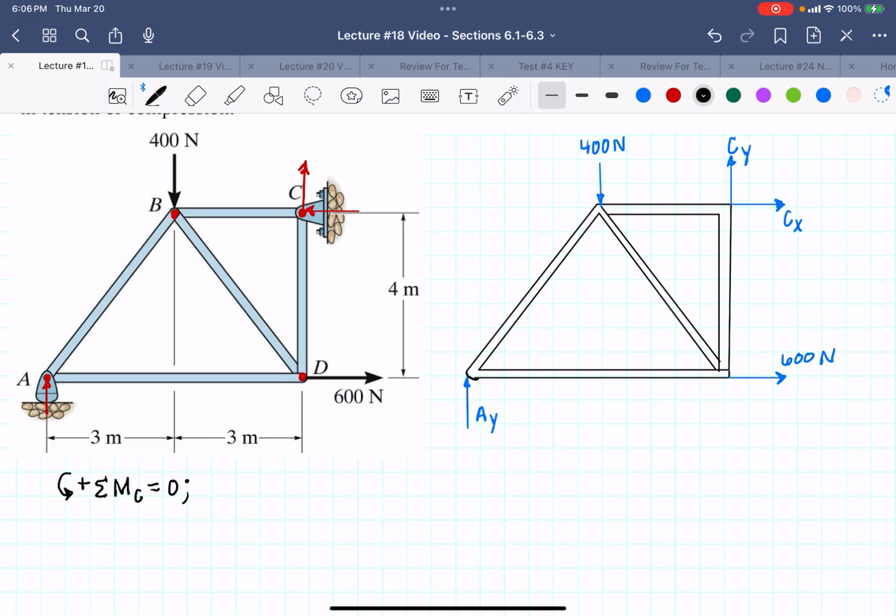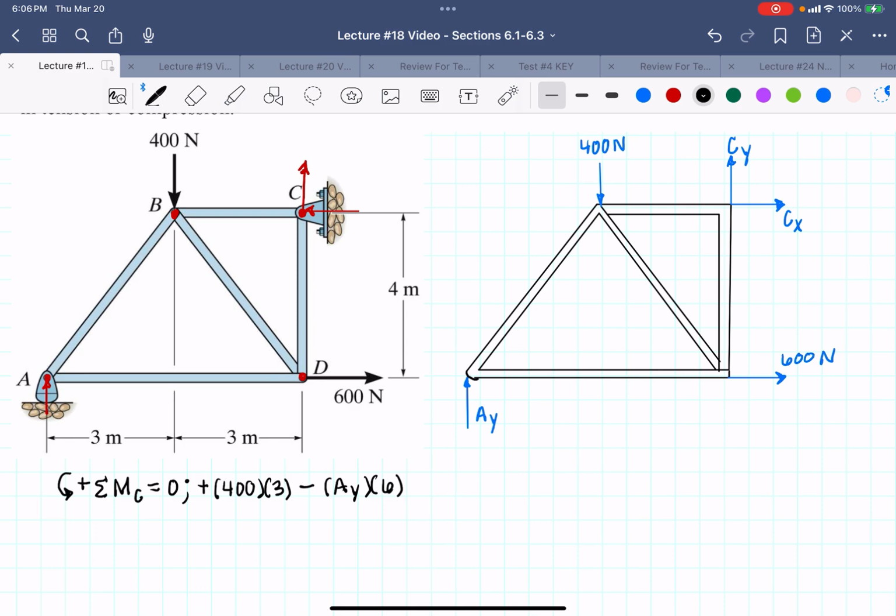So from C, I have the 400 Newton force, which is acting counterclockwise, so it's positive 400 at a distance of 3 meters. And then I've got A of Y acting clockwise, which is negative, at a distance of 6 meters.